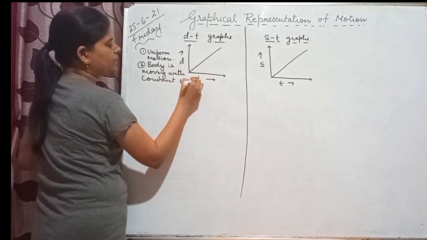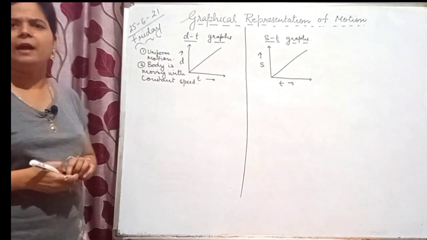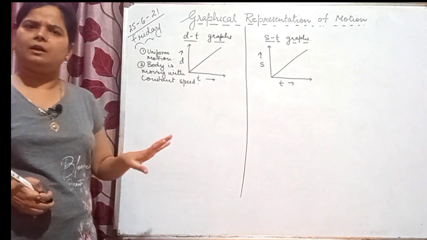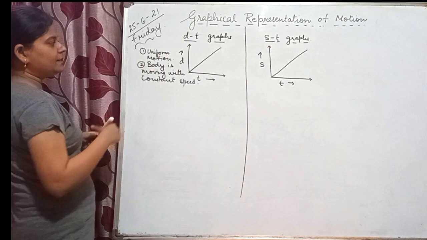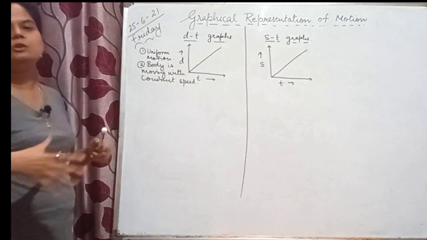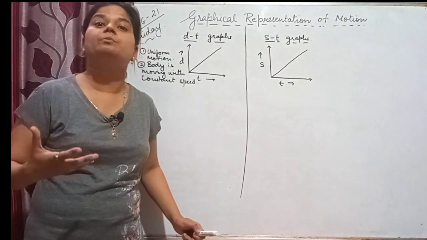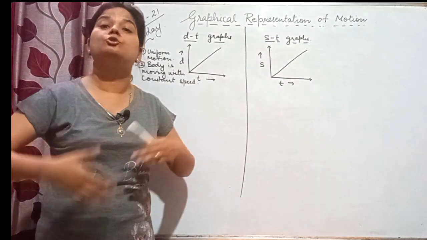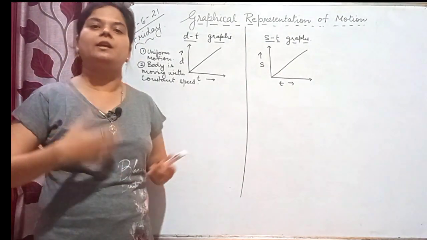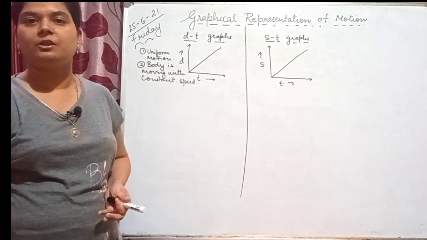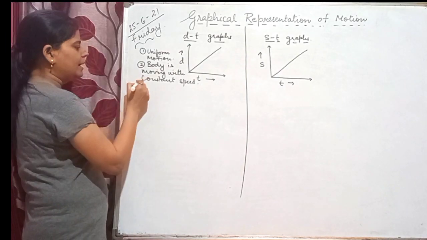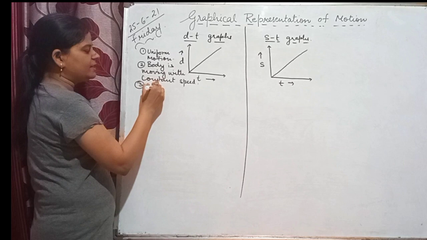I shall be using the word constant here, and I hope that you all are clear with this concept, that this is what constant means. And secondly, if the body is moving with constant speed, it means the speed is not changing. So in case the speed is not changing, then the next information that we are getting from this graph is that the acceleration of the body is zero.